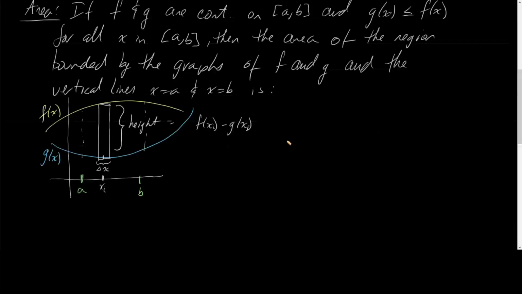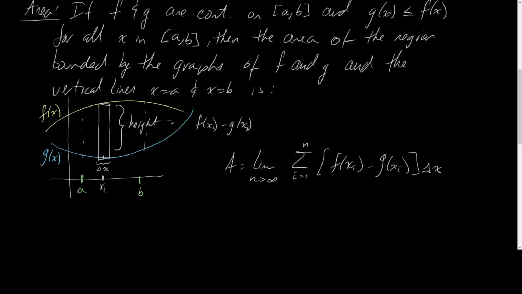So overall, if I want to have infinitely many of these rectangles in here, because if you recall, that's how we add up the area there, the area is going to be the limit as n goes to infinity of the summation from i equals 1 to n of f of x sub i minus g of x sub i delta x.